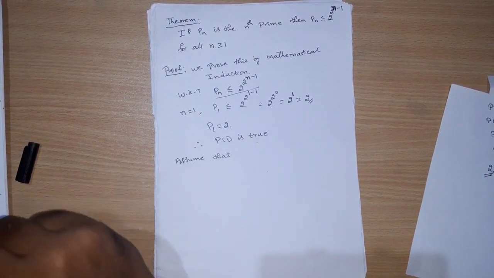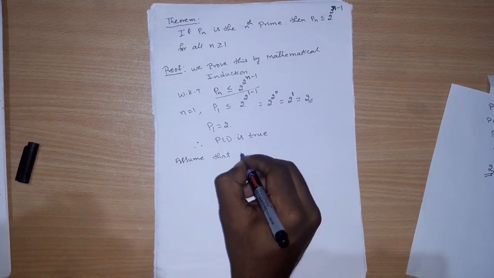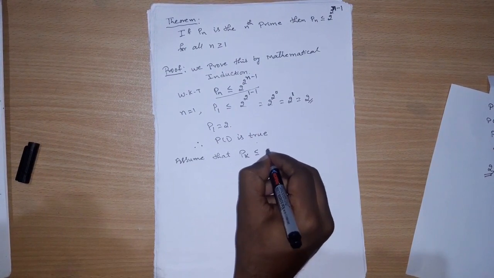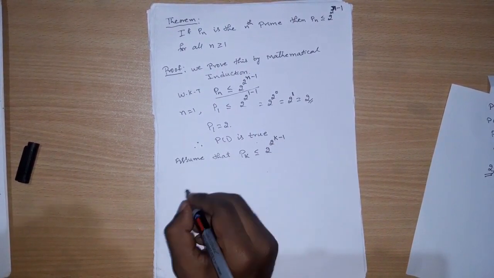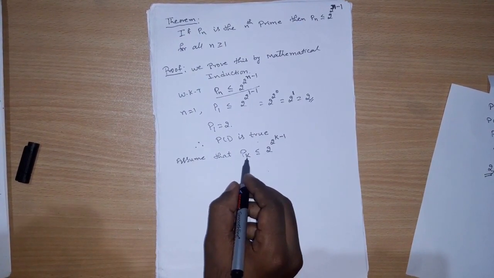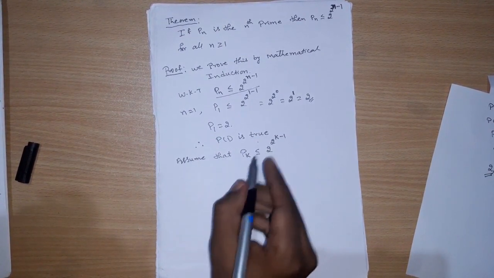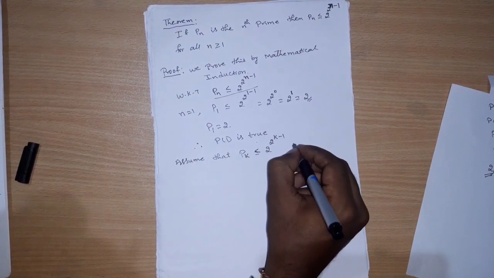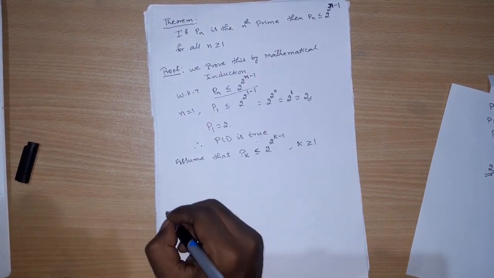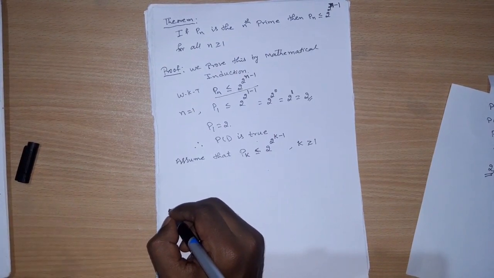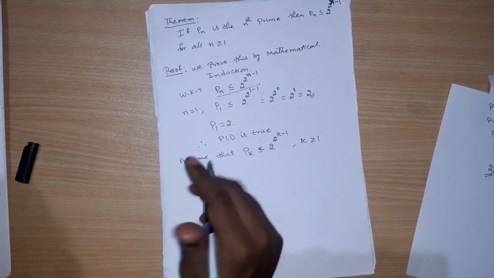Wherever n is there, you have to substitute k. So p of k is less than or equal to 2 to the power of 2 to the k minus 1. So this implies that p of k is true for all k greater than or equal to 1.